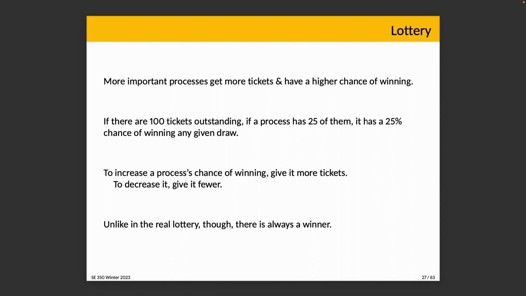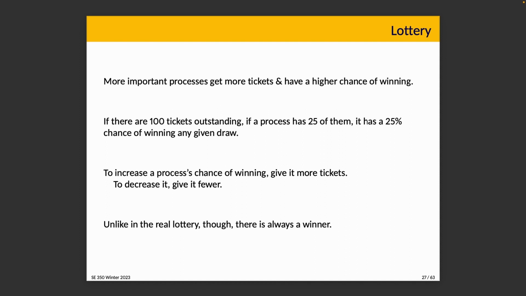Unlike the real lottery, there is always a winner, and a single winner. In a lottery where you choose numbers, somebody might choose the same numbers you chose and you have to share the winnings, or nobody chooses the correct numbers this week and nobody wins. That doesn't happen with the CPU.